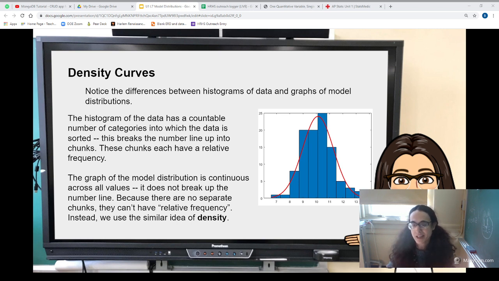Anything between 7 and 8, like 7.1, 7.4, 7.23692, all of those go inside this bin. So we're aggregating things, collecting things, and splitting up this continuous number line into a finite, countable number of what we would call discrete things.